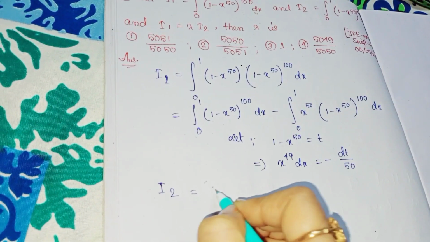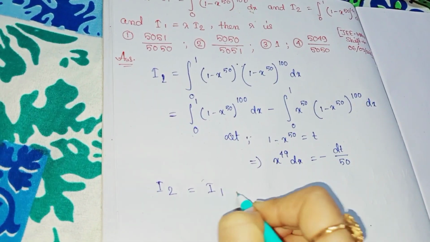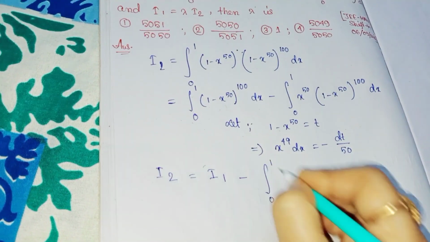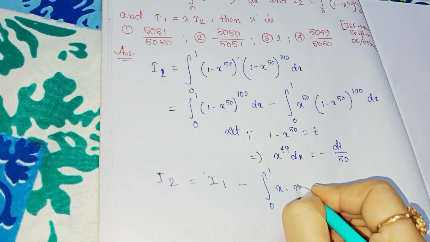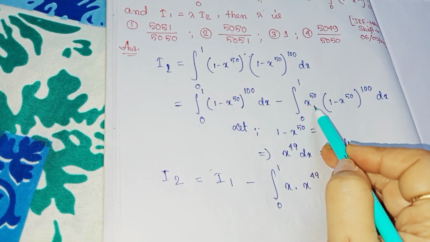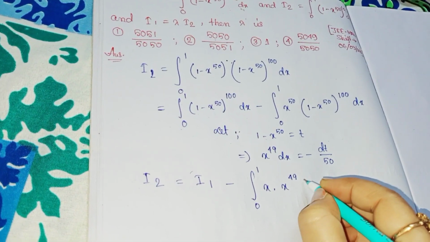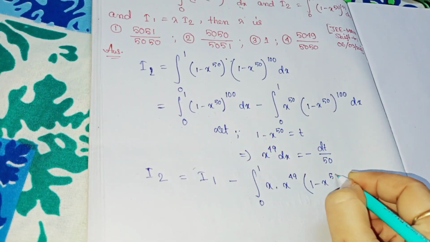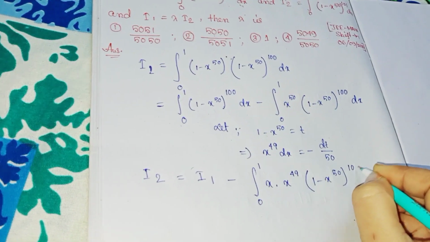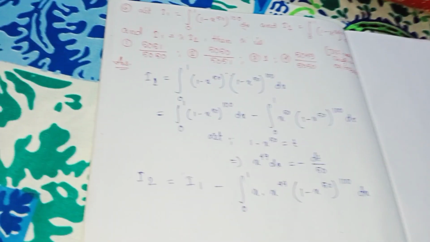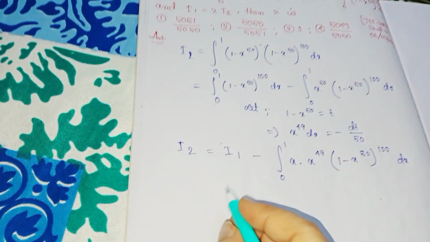So putting this, I1 minus the integral of 0 to 1 of x into x to the power 49, break this, and (1 minus x to the power 50) whole to the power 100 dx. So again by parts integration we crack this.